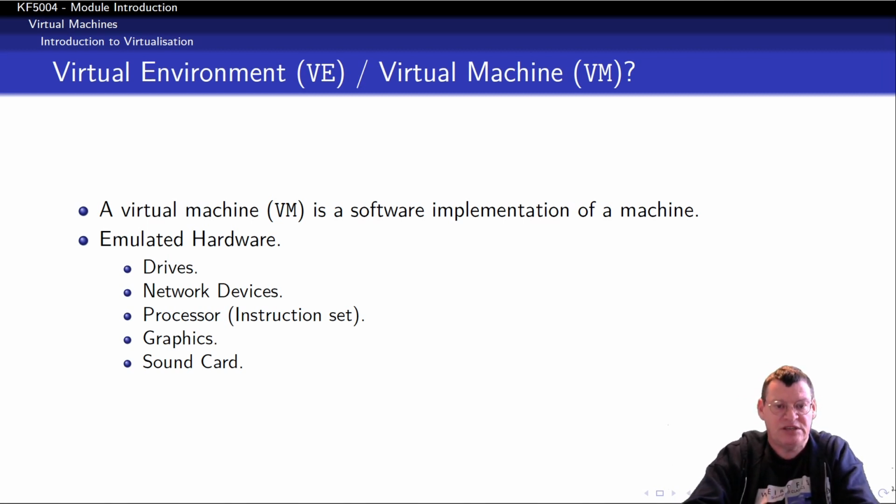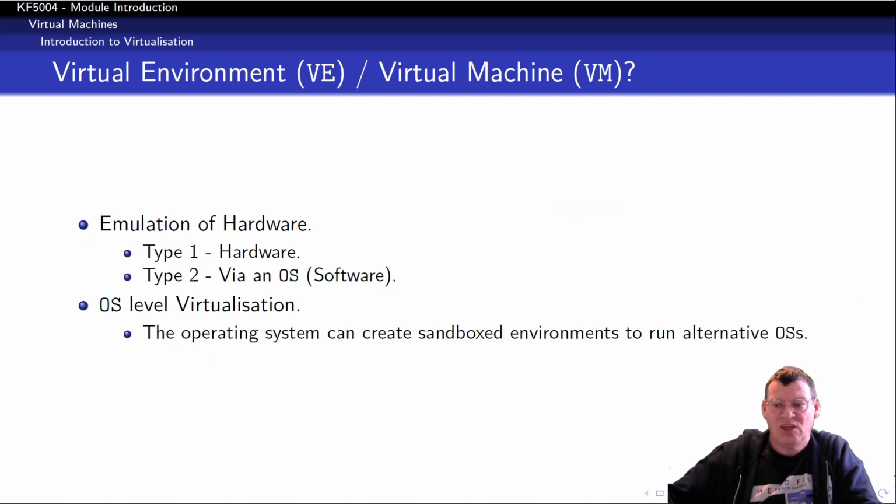A virtual machine is actually all driven by software. So we're running an operating system, which is software, inside another piece of software, which has its issues. There are two types of hardware emulation. The one I've just described is type 2, where you have a software virtualization environment and then you run your software inside of it.